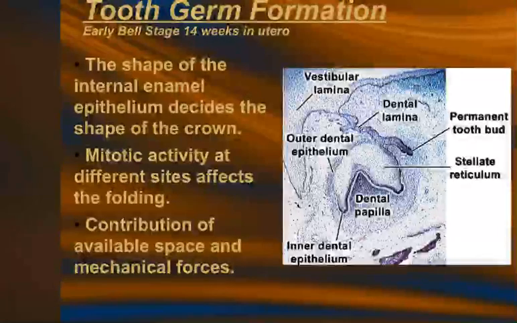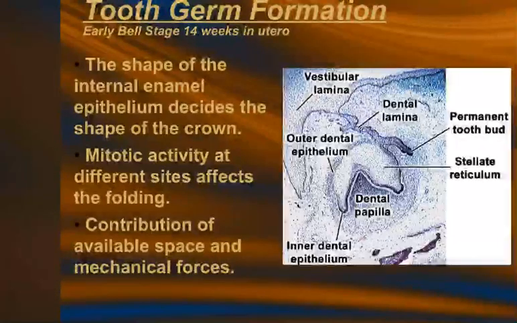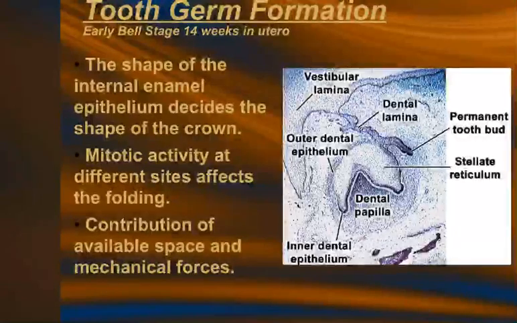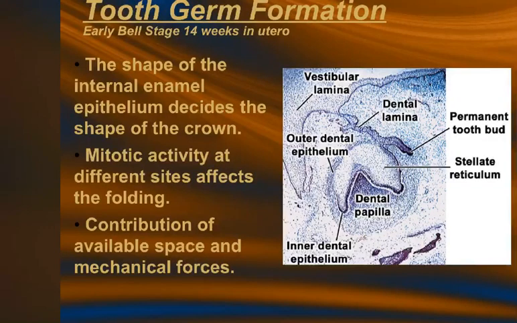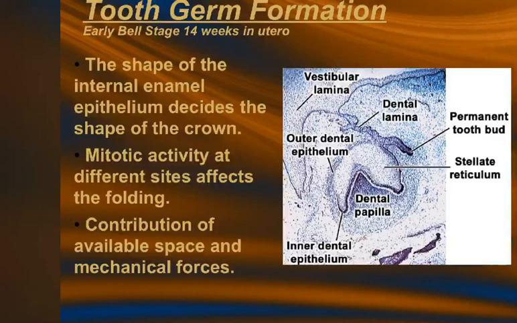The shape of the internal enamel epithelium decides the shape of the crown. So the folding pattern of the internal enamel epithelium decides the shape of the crown. Mitotic activity at different sites affects the folding. And this folding pattern is then dependent on the mitotic activity.